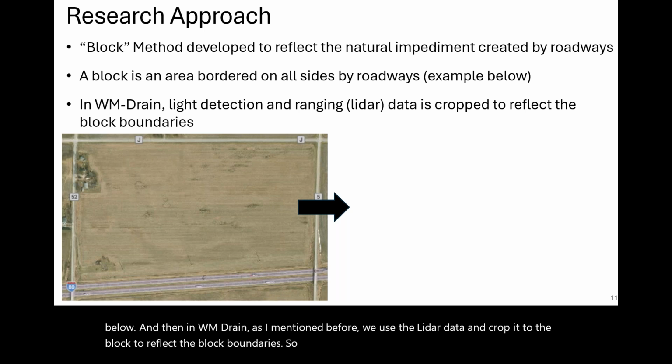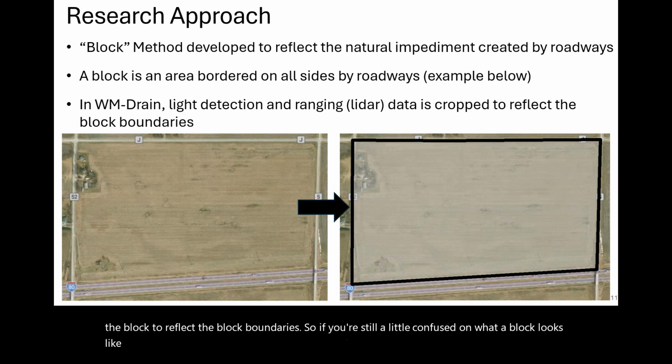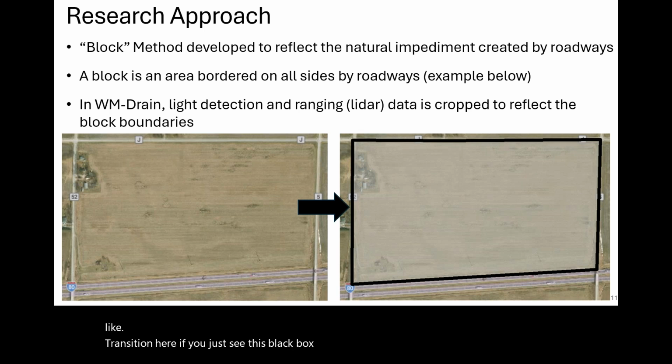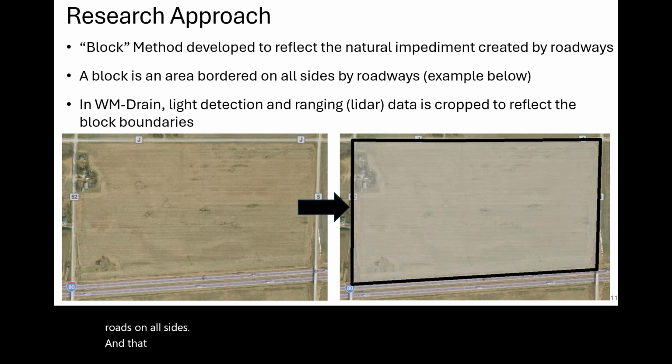If you're still a little confused on what a block looks like, you can see this black box around all sides. An important thing to note about blocks is there are no roads intersecting them. It's just one piece of area with roads on all sides, and that will help us determine what is actually draining roadside, reflecting more of how the roads are designed.